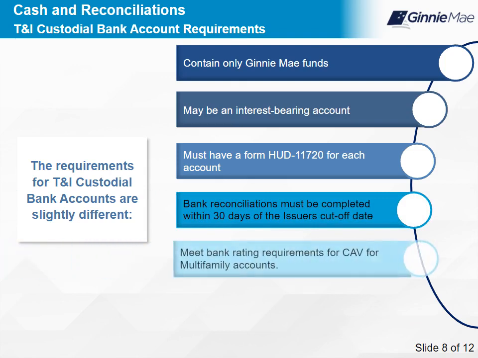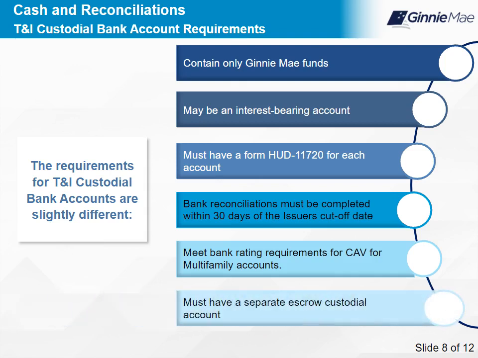Meet bank rating requirements for custodial account verification, CAVs, for multifamily accounts. Must have a separate escrow custodial account for 203K FHA funds and any other funds per FHA and RD or USDA requirements. Select Next to continue.